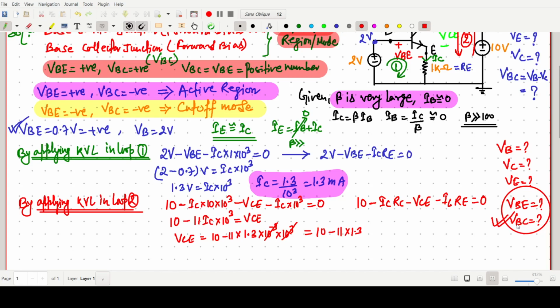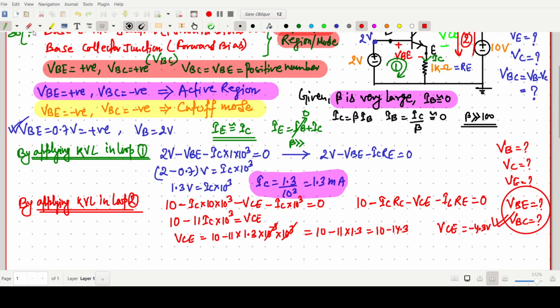If we multiply 11 into 1.3, it should be 10 minus 14.3. So we can easily say the VCE value is minus 4.3 volt.